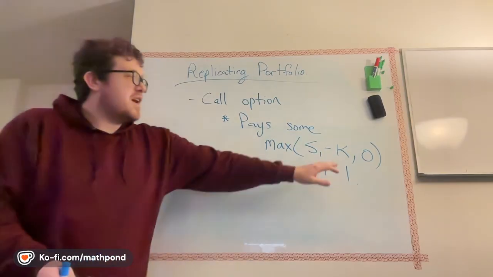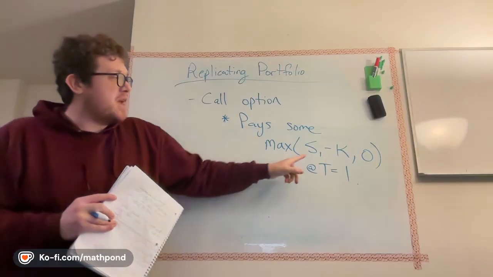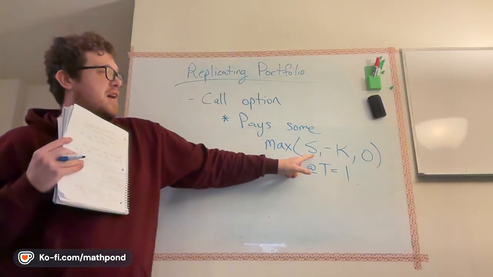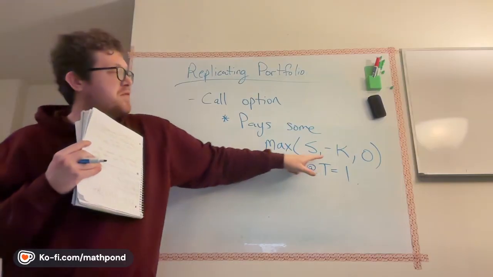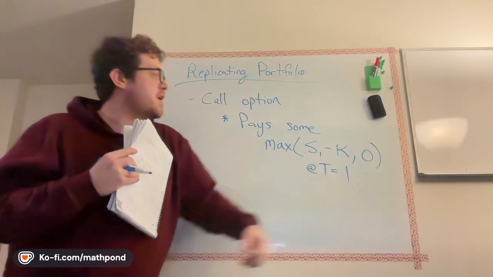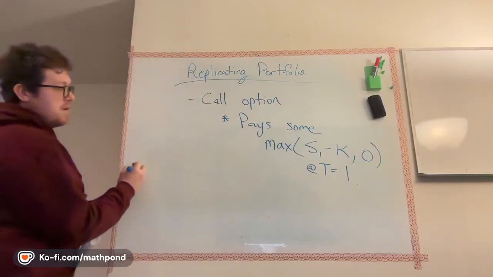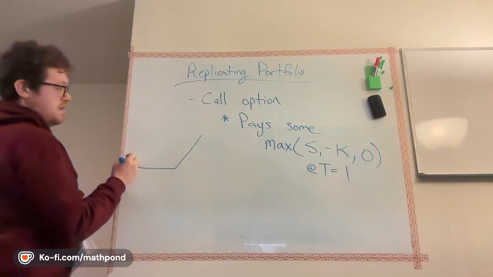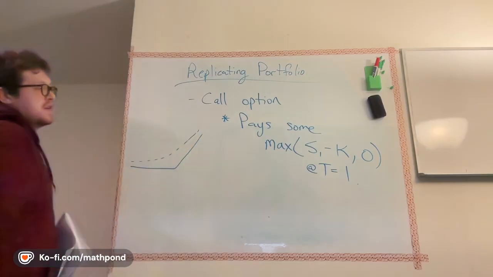This is just saying that essentially the call option is paying you the difference of the value of the stock at time 1 minus K, or if this value is negative, it just pays you nothing. So it has this payout curve that is sort of like convex like this.